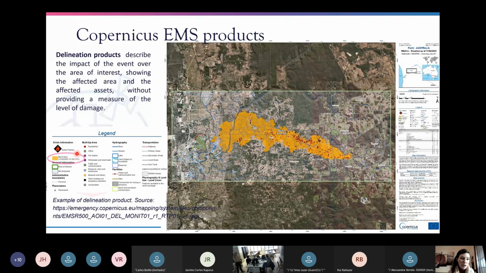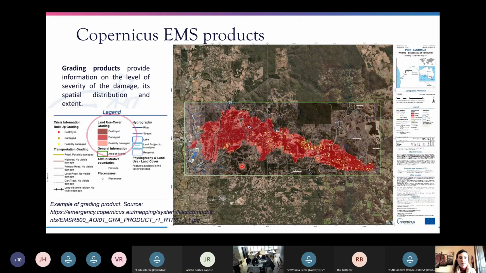You see that we have only one color representing the burnt area. This is a fire in Australia. And this is what we call, as I said, delineation: the perimeter of the burnt area in this case, without grading it.